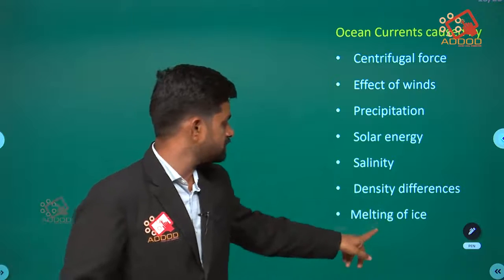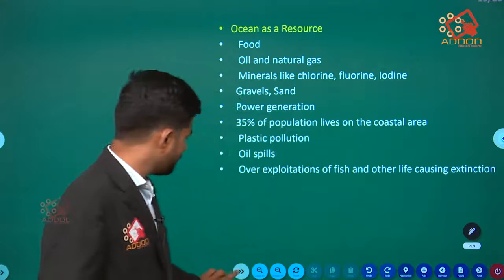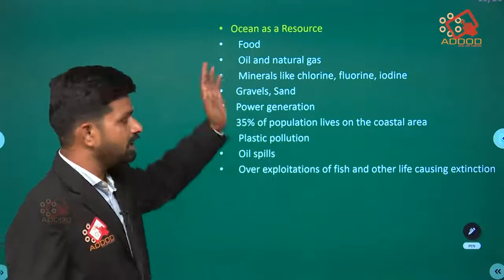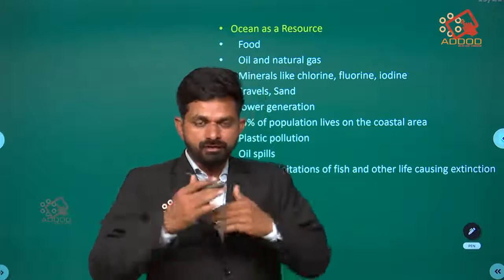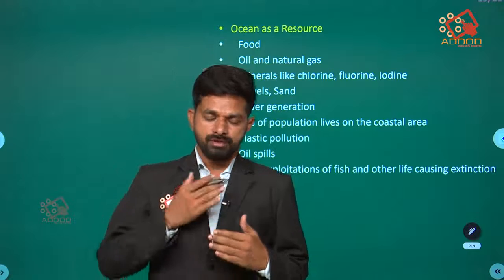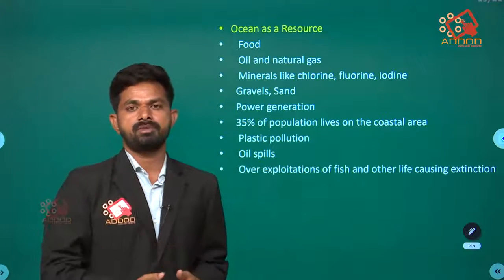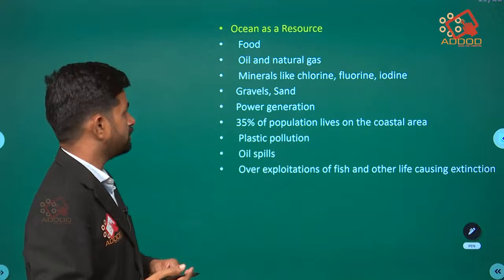And density difference, melting of ice. If ice gets melted, what will happen? This happens generally in the polar regions. If ice gets melted, more water will be added. If more water is added, then volume will be more. Then it will be moving away from that zone to meet the less voluminous waters.